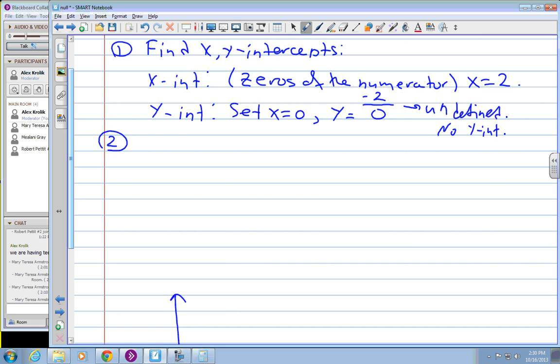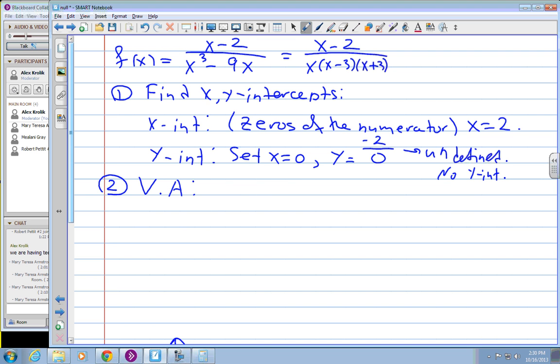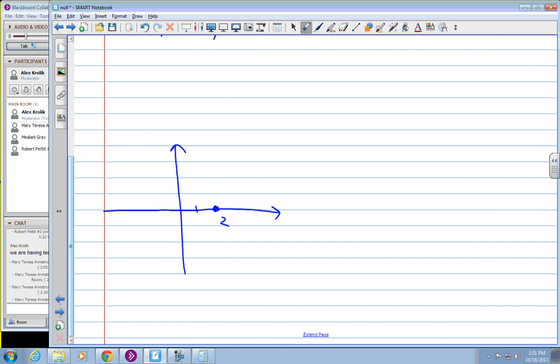So how about vertical asymptotes? Whatever makes your denominator equal 0 when it's in the reduced form, and it's in the reduced form because nothing cancels. So what makes the denominator equal 0? So x equals 0, x equals 3, x equals negative 3. So we have 3 vertical asymptotes. One goes through 3.